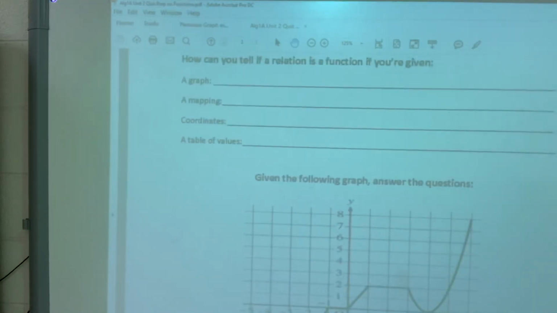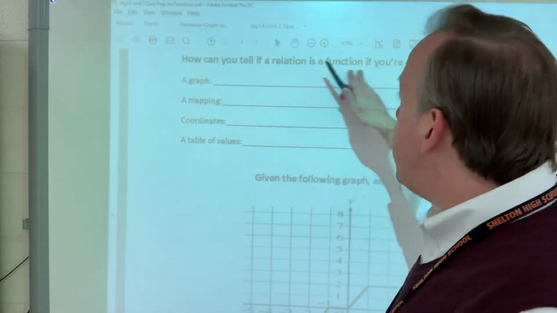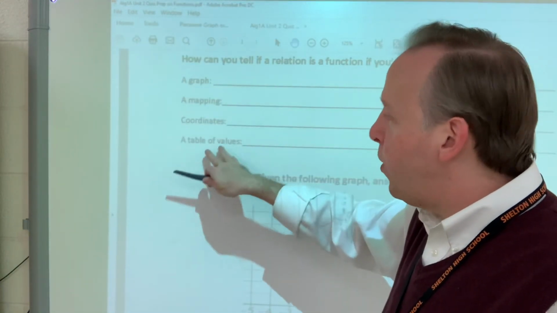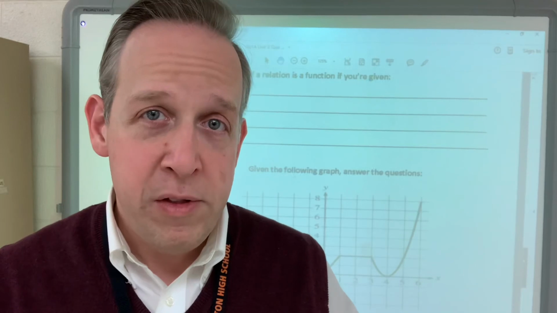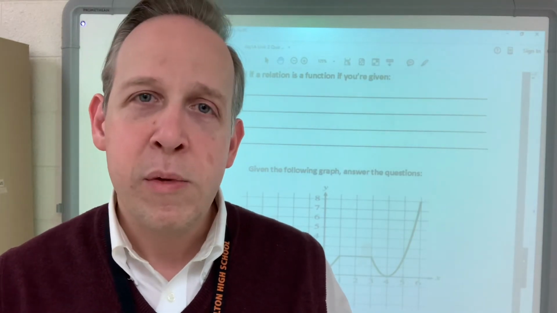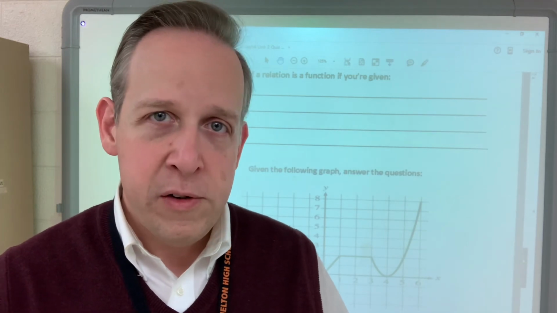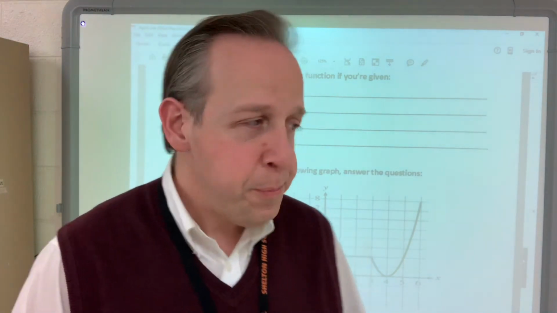This page right here starts with, how can you tell if a relation is a function from a graph, a mapping, coordinates, or table of values. If you look back to the beginning of this video, when we talked about the first page, you'll hear me tell you exactly how to find out if a graph is showing you a function from each of those.